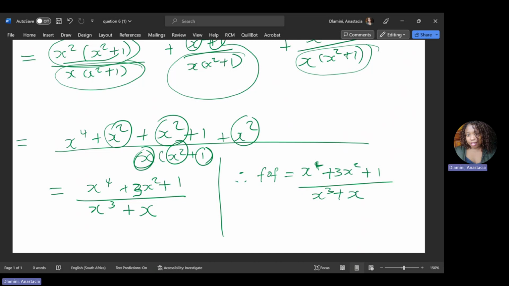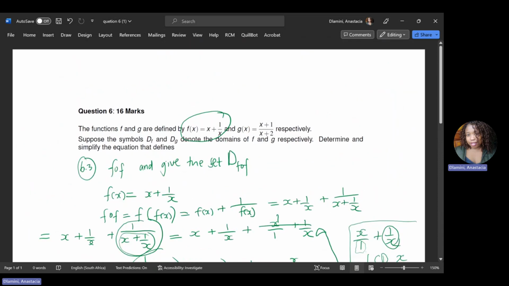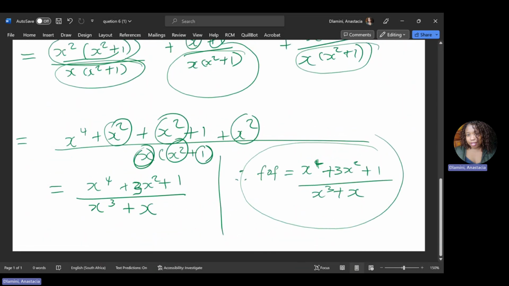Okay, now we have found the composition of f and f. So we have found the composition function that we were asked to find. Now, was that the only thing we were asked? No. We were also asked to find the domain of the composite function that we found. So let's do that.